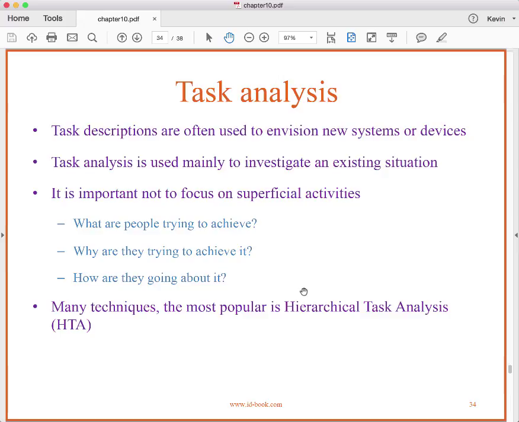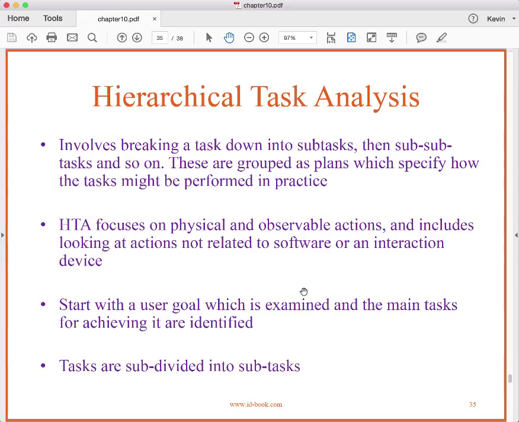There are a number of versions of task analysis. The most popular of these, HTA, is called hierarchical task analysis. And it involves breaking the overall task down into subtasks and then each of those into sub-subtasks and so on. These are grouped as plans which specify how the tasks might be performed in practice.